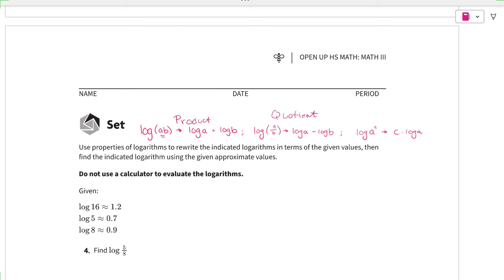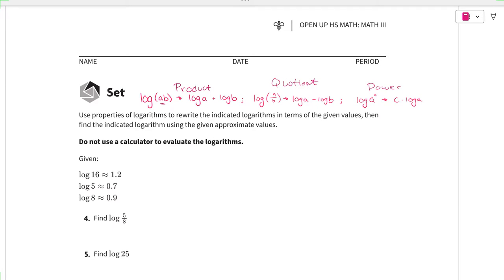And then our last one, our power. Right? If I have log of a to the c, I can write that as a coefficient of the logarithm. That power in the logarithm becomes something that's multiplied in front of the logarithm, or coefficient of the logarithm. So those are those property rules that it's referring to.